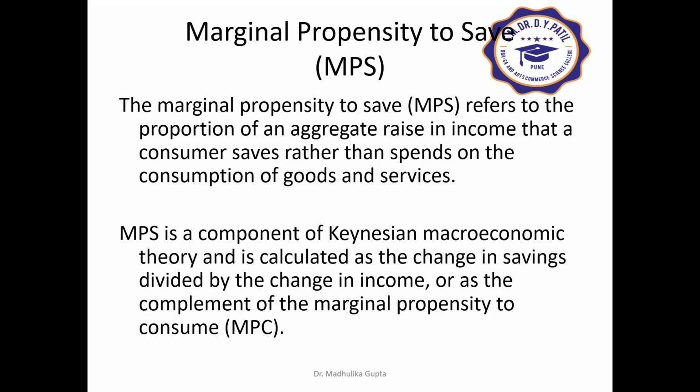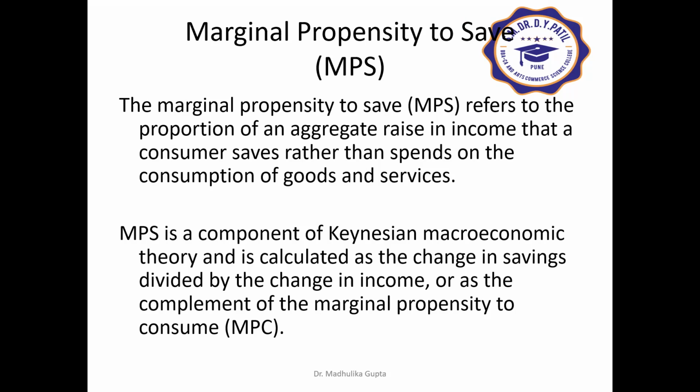Put differently, the MPS is the proportion of each added rupee of income that is saved rather than spent. So MPS is a component of Keynesian macroeconomic theory, and it is calculated as the change in savings divided by the change in income, or as the complement to the MPC, that is marginal propensity to consume, right?